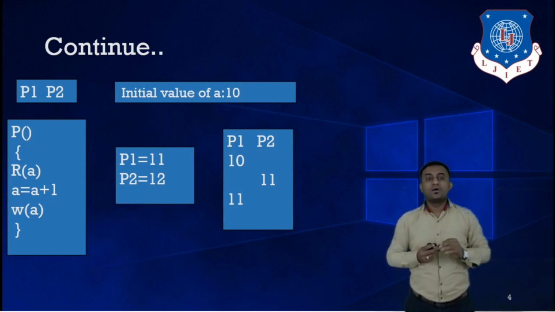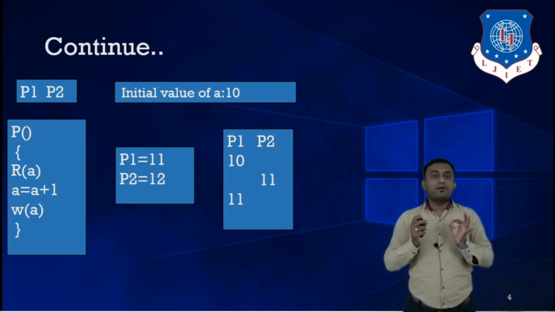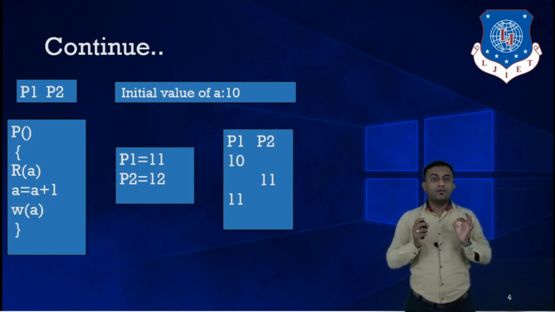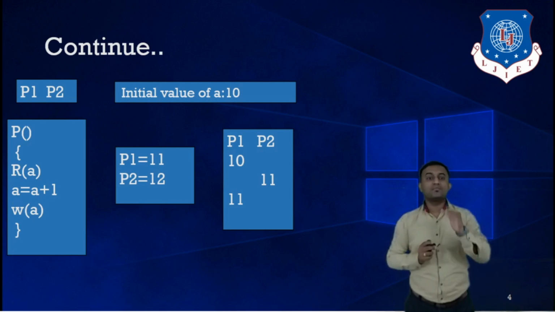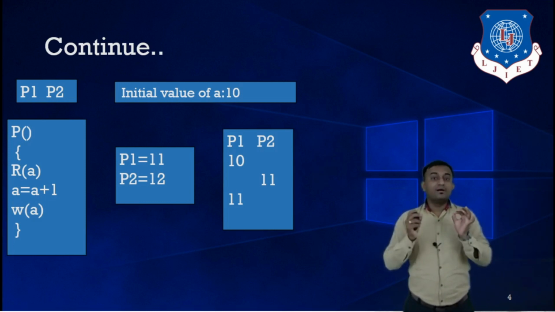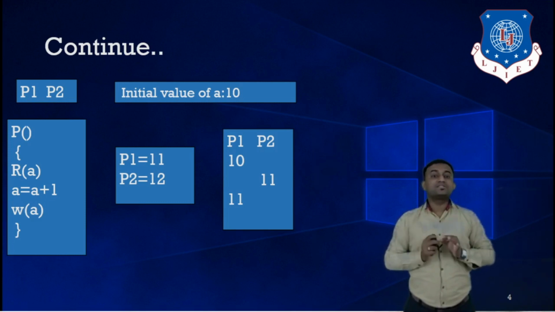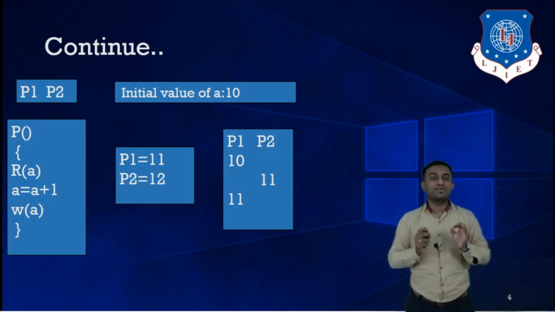The value of A read by P1 initially was 10, so it will increment it by considering the initial value of 10. 10 plus 1 is 11, and it will simply write that value to memory.